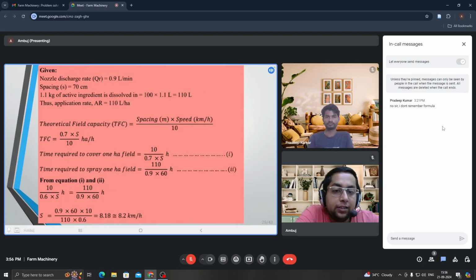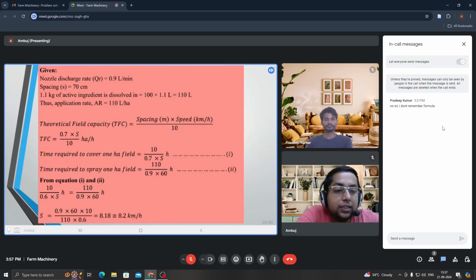Then the application rate would be equal to 110 liters per hectare. 1.1 kg of active ingredient has to be sprayed in your 1 hectare field, and that has to be mixed with 100 liters of water. So the entire volume would be 1.1 multiplied by 100, 110 liters per hectare. That would be your application rate.